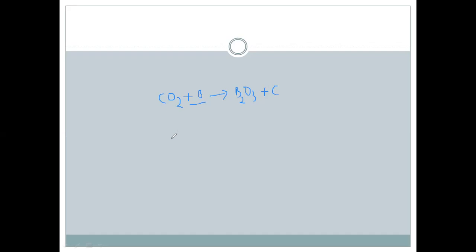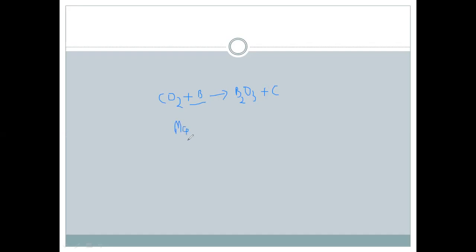Then, reaction with the metal. Remember, boron combines with strongly electropositive metals at high temperature and forms borides. What is a boride? Say magnesium is there, Mg3B2.